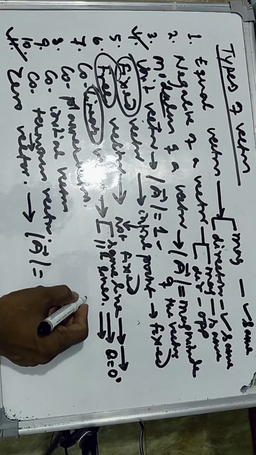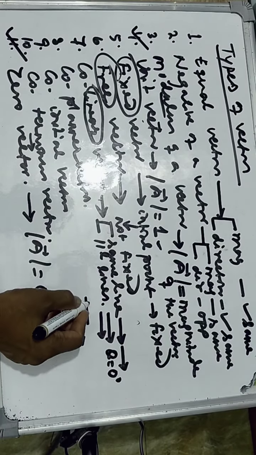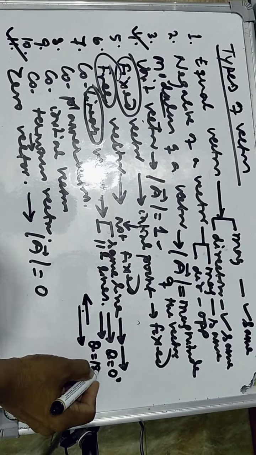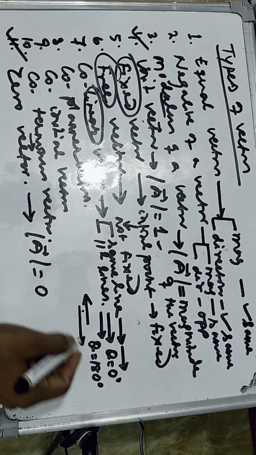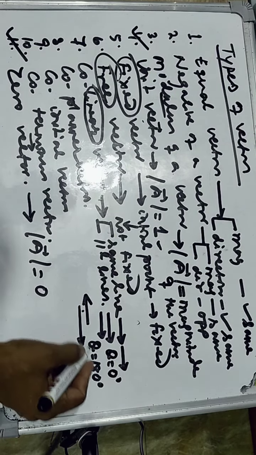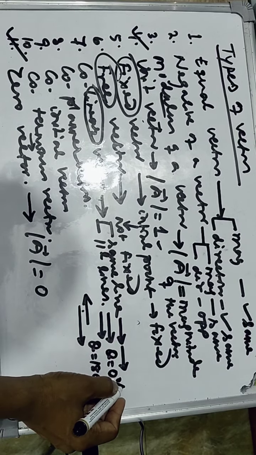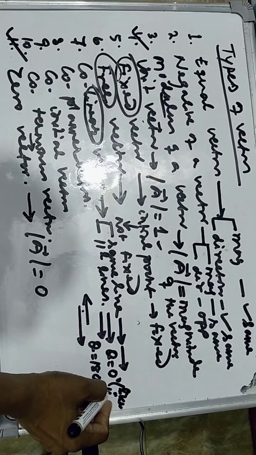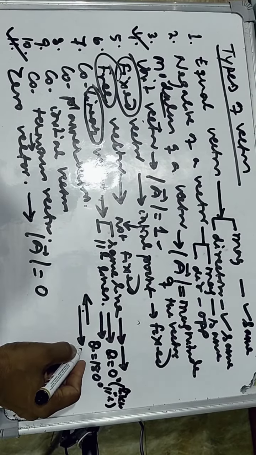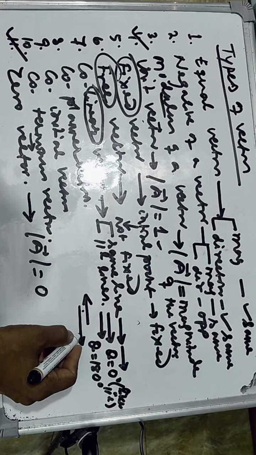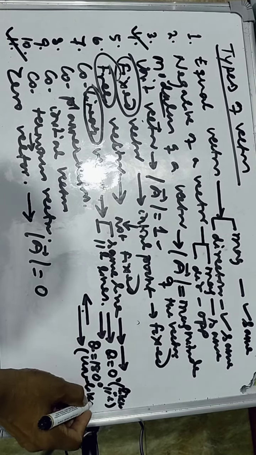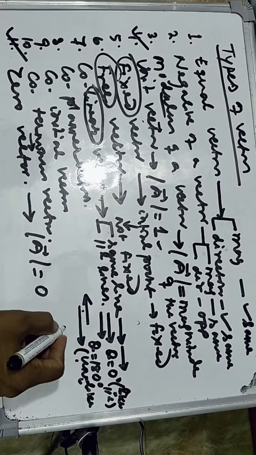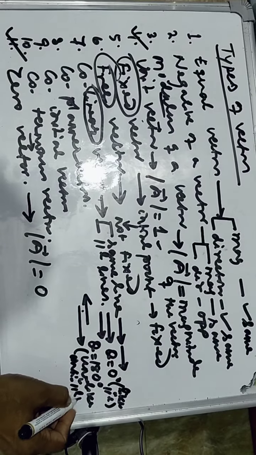Again, if it is parallel but theta is 180 degree between them, or one is in opposite direction to the other one, this will be termed as unlike or anti-parallel vectors.